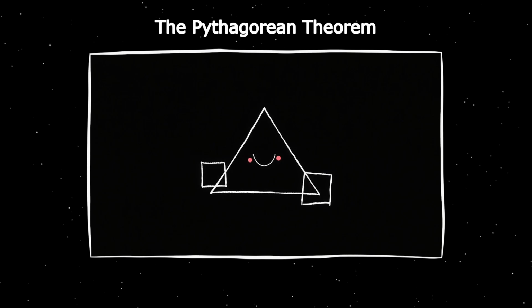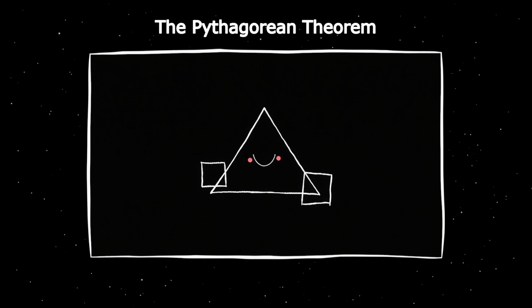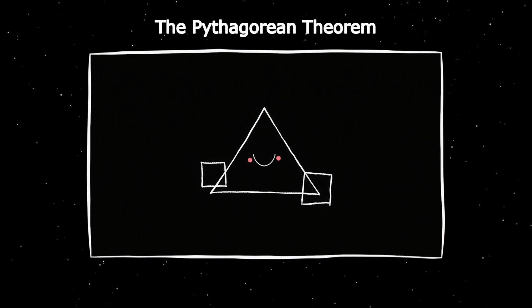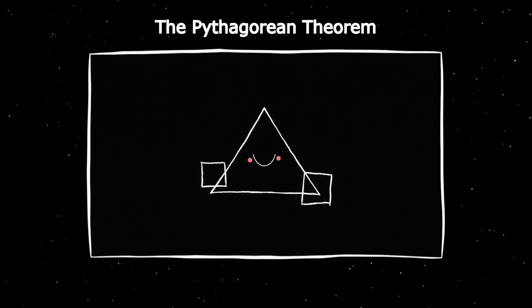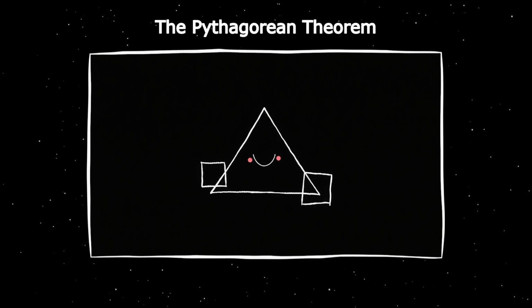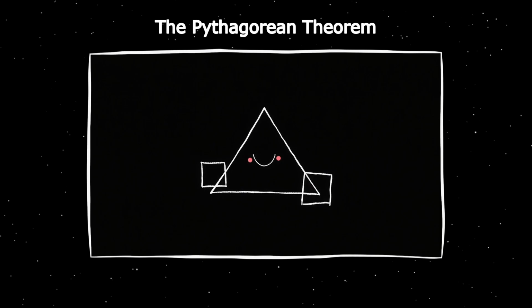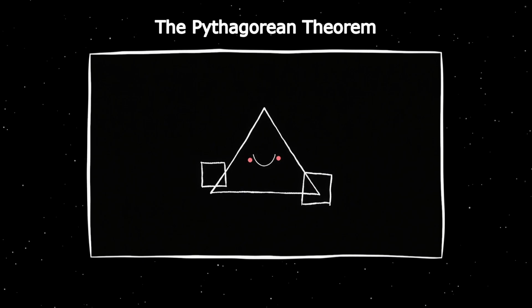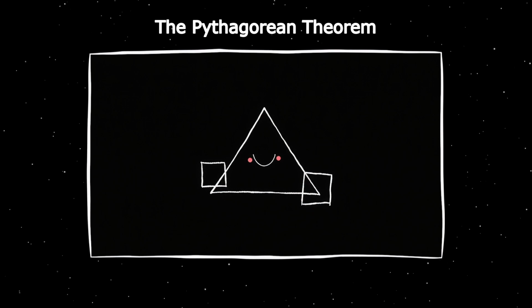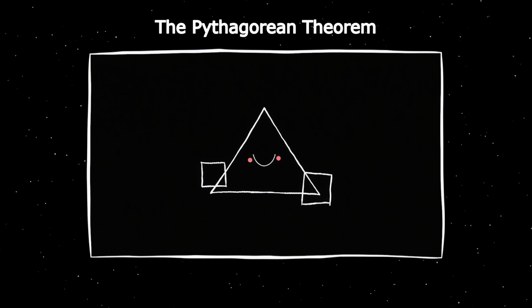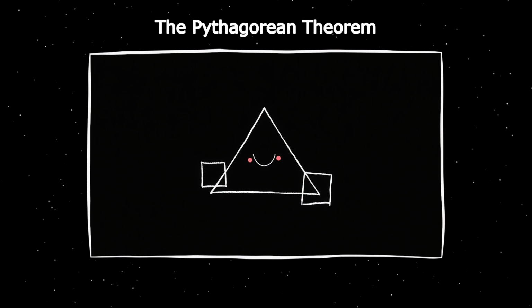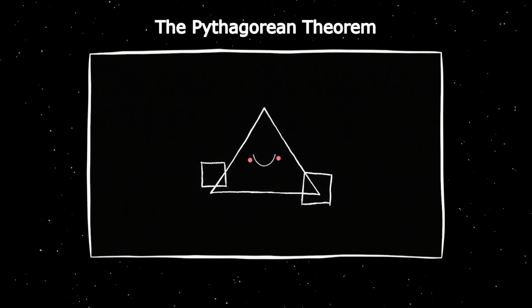To better understand this principle, imagine a right triangle where one leg measures 3 units long and the other leg measures 4 units long. If we apply the Pythagorean theorem, we can find the length of the hypotenuse. First, we square the lengths of both legs. 3 squared gives us 9 and 4 squared gives us 16.